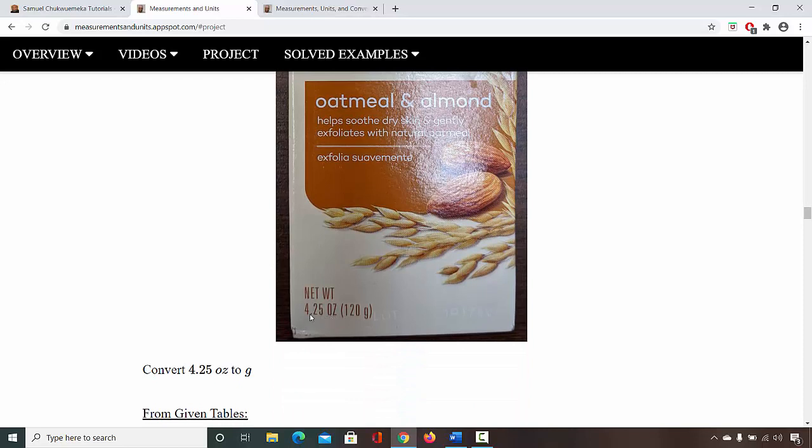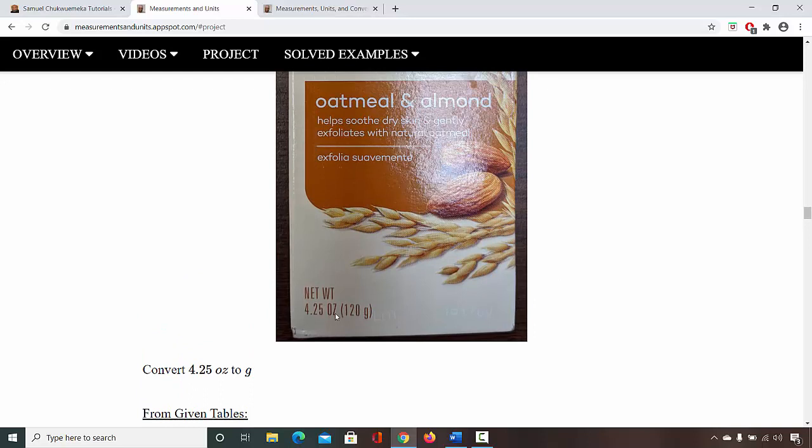So 4.25 ounce is the unit in the customary system, and 120 gram is the unit in the metric system.